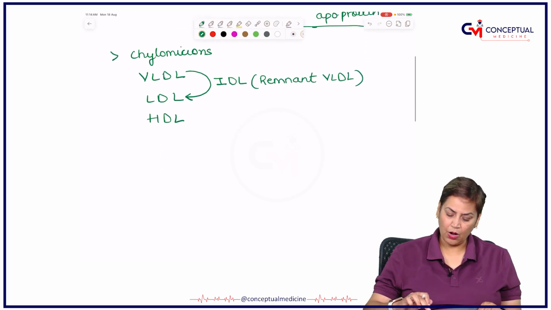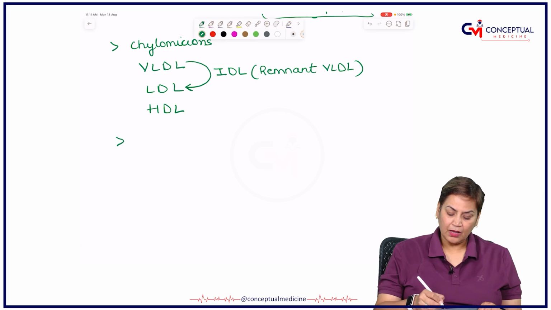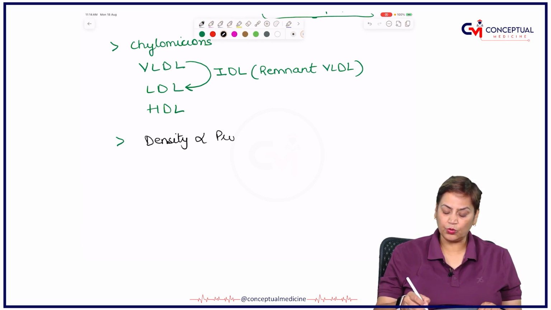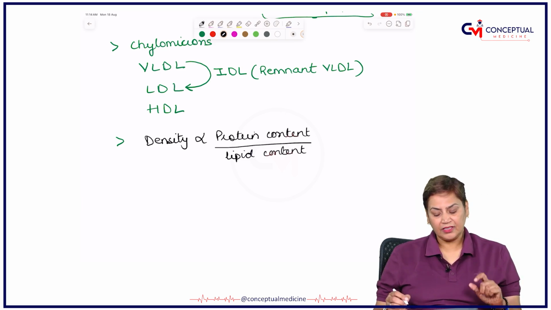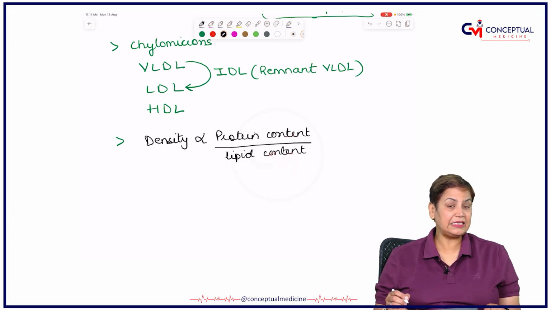Now, always remember that density is directly proportional to the protein content and inversely proportional to the lipid content. Just because of this particular reason, we can separate these lipoproteins by electrophoresis and by ultracentrifugation.